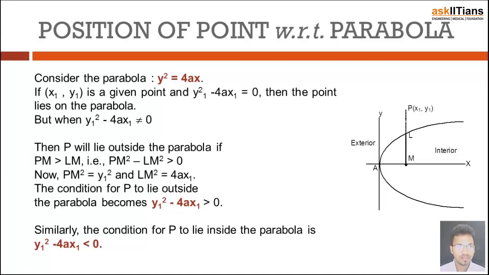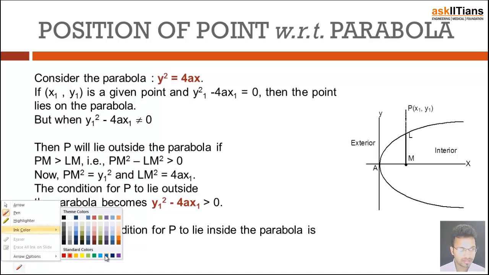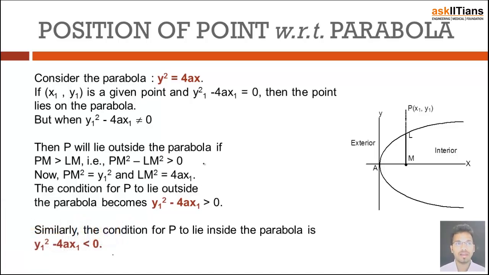Position of a point with respect to parabola. So let us consider a parabola y square equal to 4x as shown in the figure. We are going to see whether a point is inside, on, or outside. Inside means interior, within the boundaries, the closed region of this parabola, and on means the point satisfies the parabola.